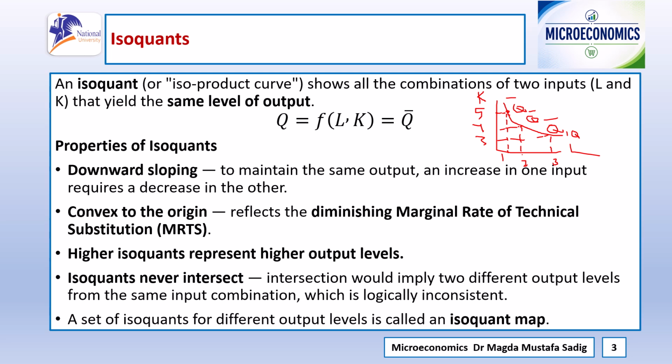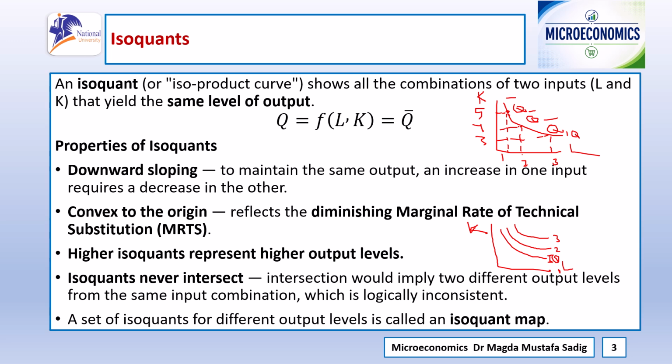A collection of several isoquants is called an isoquant map. It looks like this. If we have K here and L here, these are the collections of isoquants: isoquant 1, 2, and 3. The collection of them is called an isoquant map.